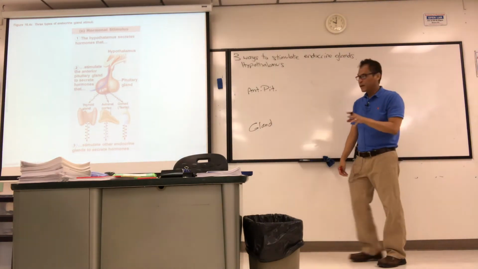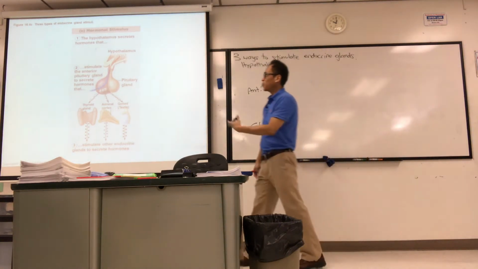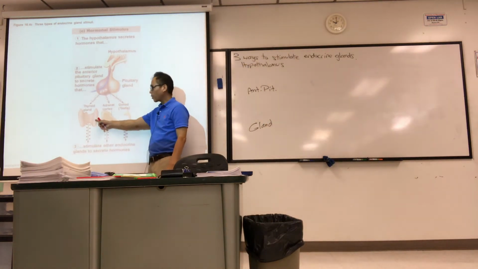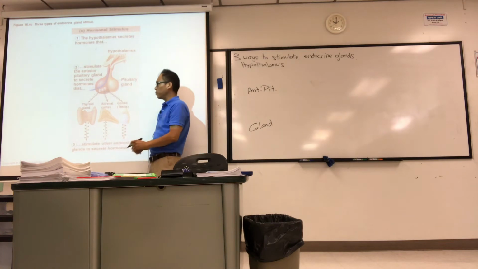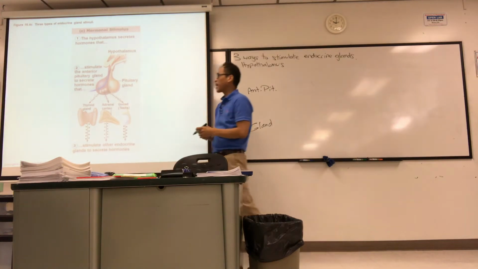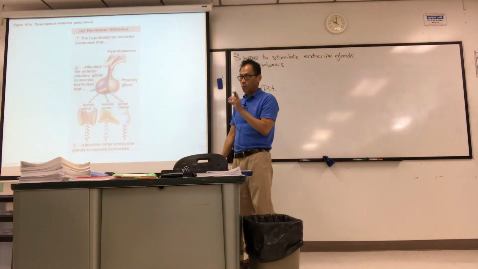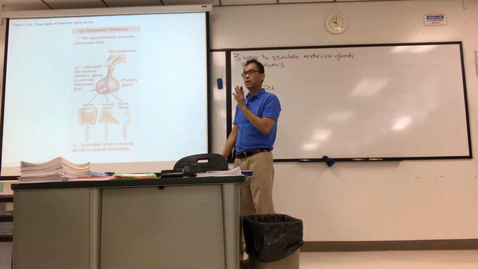The first example they give is how you have pituitary control over the thyroid gland. The thyroid gland secretes thyroid hormone. It helps boost metabolism. I'll give you more facts on that later. But for now, let's learn this kind of chain of events that occurs, starting with hypothalamus. The hypothalamus starts it by secreting a hormone called corticotropin-releasing hormone.